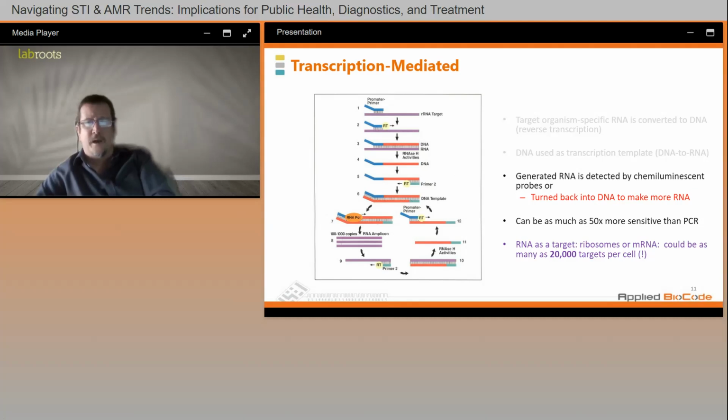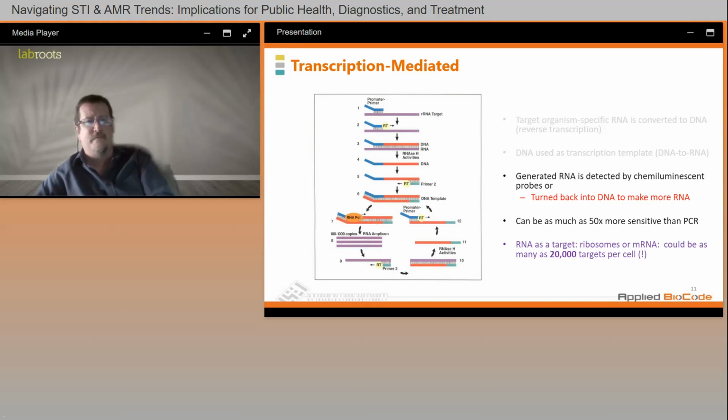The other thing that's very powerful about TMA is that because you're using RNA as a target, you can target ribosomes in cells. There's generally around 10 to 50,000 ribosomes in microorganisms, and the ribosomes have sequence aspects to them that are specific to species. So that means that some ribosome sequence can tell you what species you're detecting.